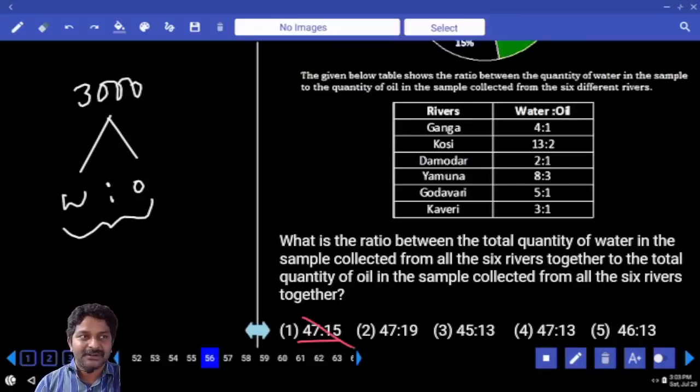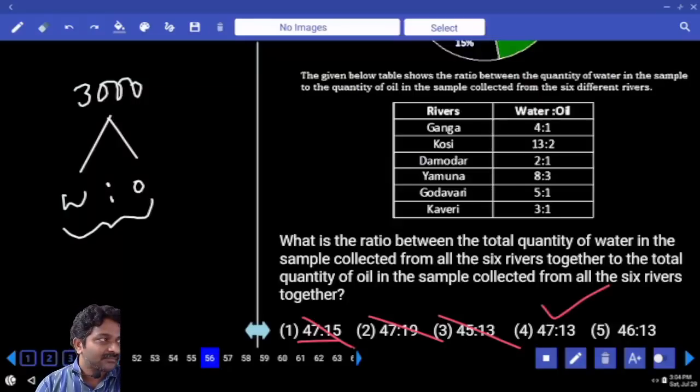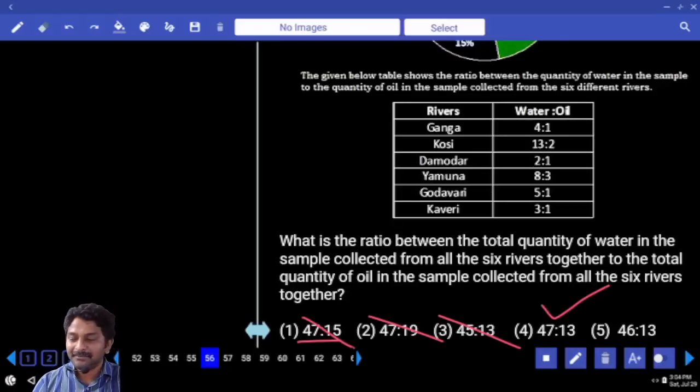Eliminate. Second option is 66, factor of 3000? Eliminate. Next, 58. Is it a factor? No. Fourth option, 60. Is it a factor? Maybe your answer. Fifth option, 59. Is 59 a factor of 3000? Without solving, we can answer the question. Understood? You don't need separate data.